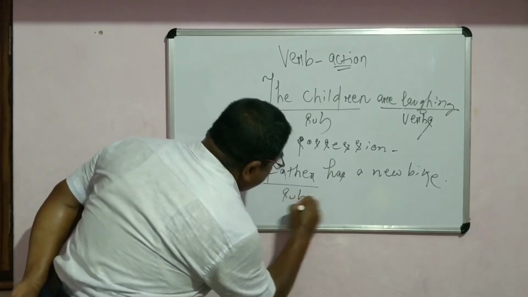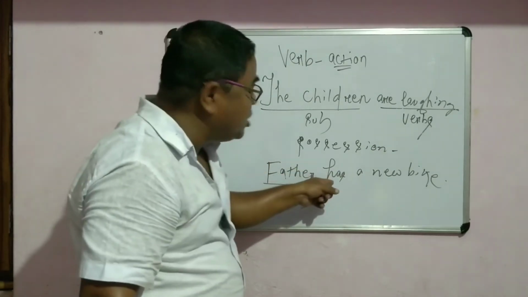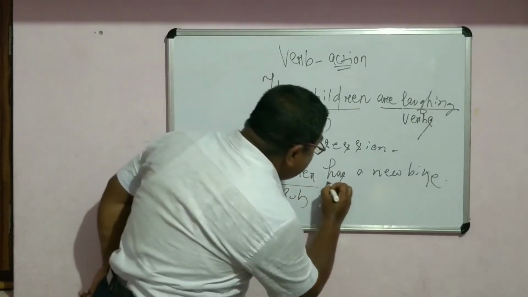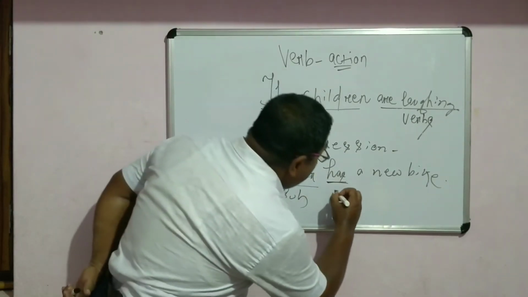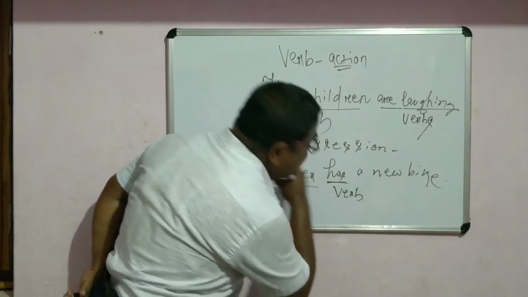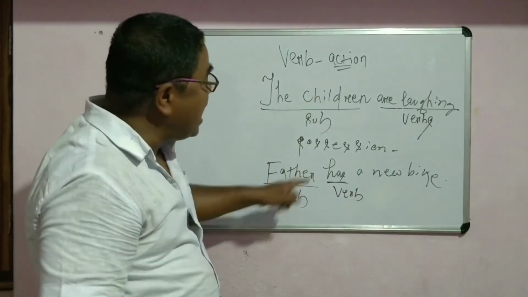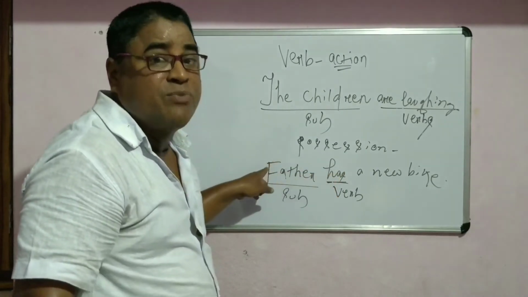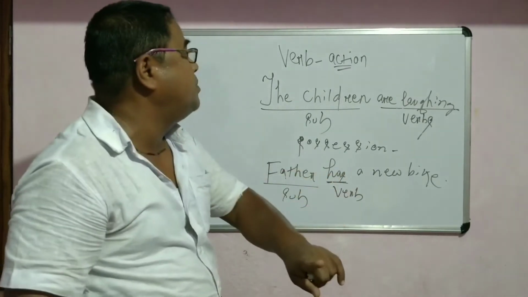The subject is father. So what is the word in the sentence which refers to the possession of the father? Obviously has. So has denotes possession. Here has refers to the ownership of the subject, father.